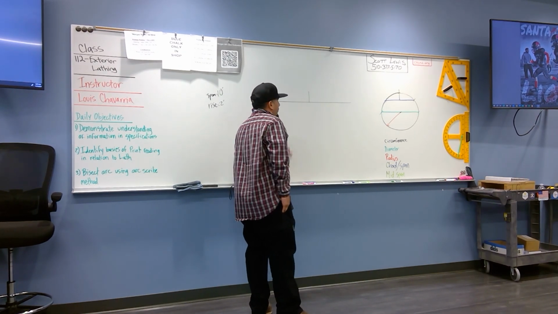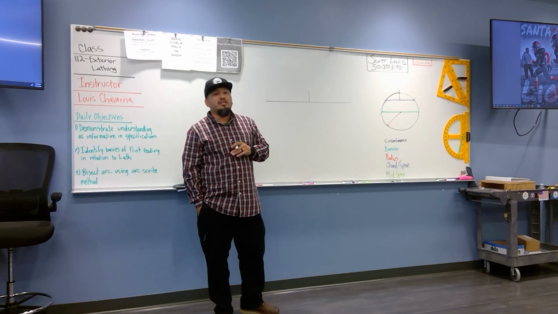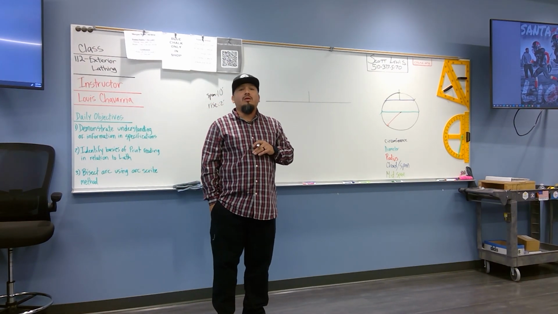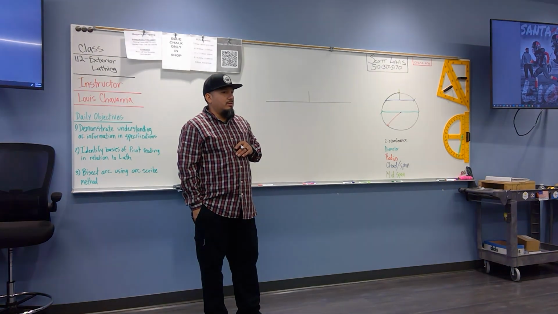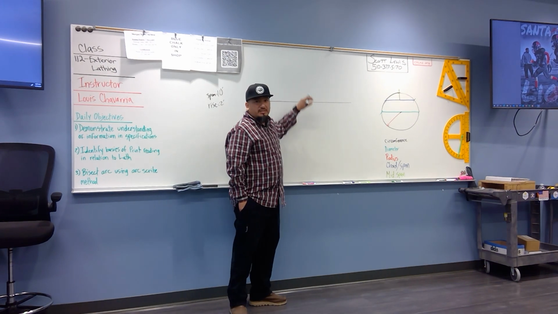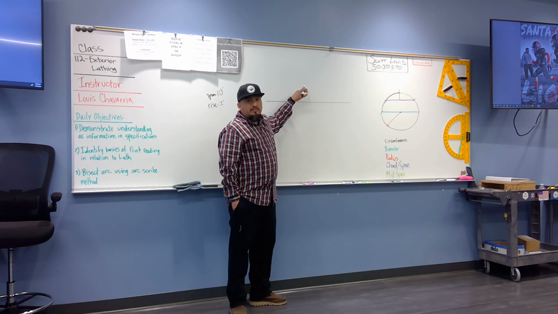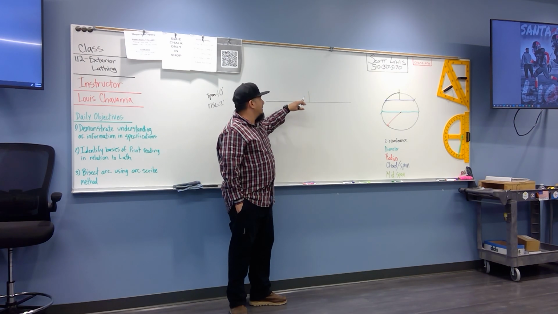So in order to create my center line so I can locate my radius point, I have to do what we call the arc scribe method. 3, 4, 5. If my span is just a few inches, then yes, I could use the Pythagorean theorem to do something like that.